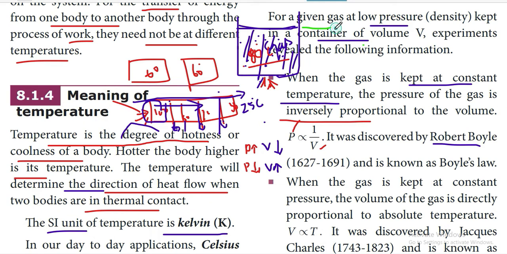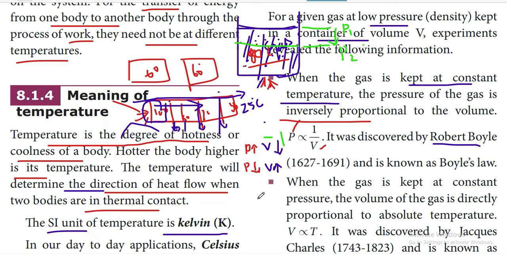When this volume is brought down and gets decreased, what will happen? The gas which is occupying more space will get compressed. What will happen when it gets compressed? The pressure is increased. So when the volume gets decreased, the pressure within this container increases.